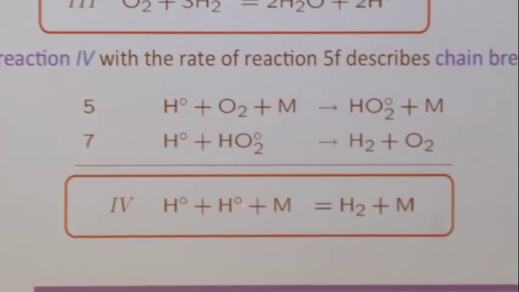And so if I add these up, I get H plus M goes to H2 plus M. And you see I take two radicals and I convert them into no radical. Okay? Again, because this is the slow initiation step of this path, the overall rate of this would be the rate of the initiation.